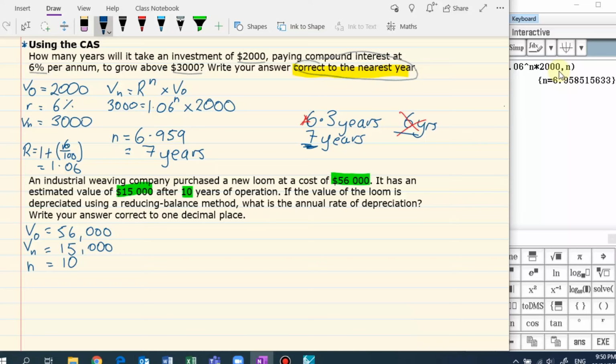Now, we don't know what R is, because what we're actually looking for is the annual rate of depreciation. The annual rate of depreciation is our little r.